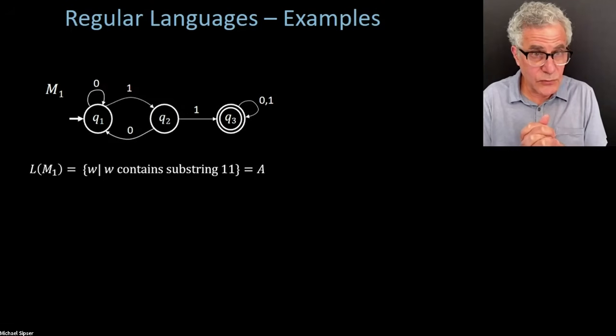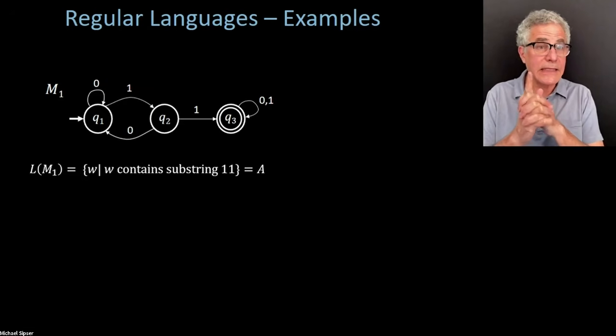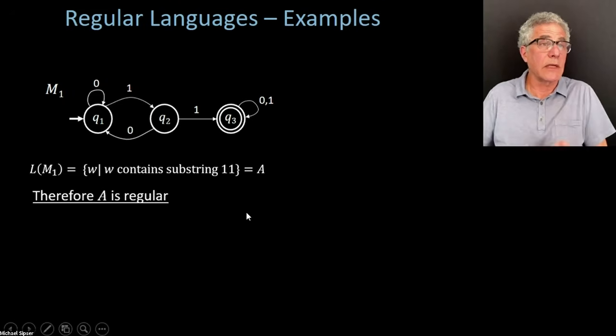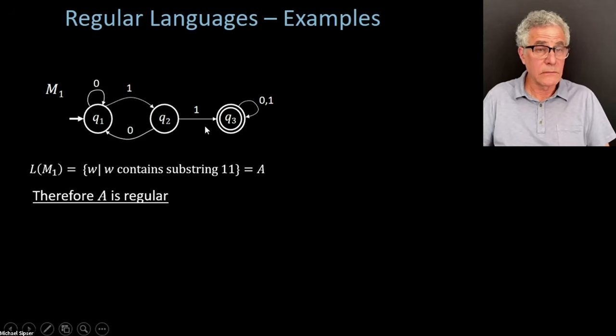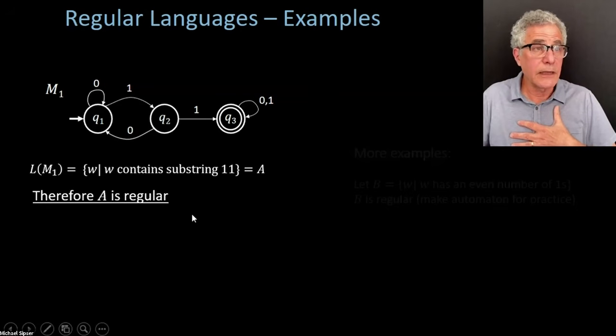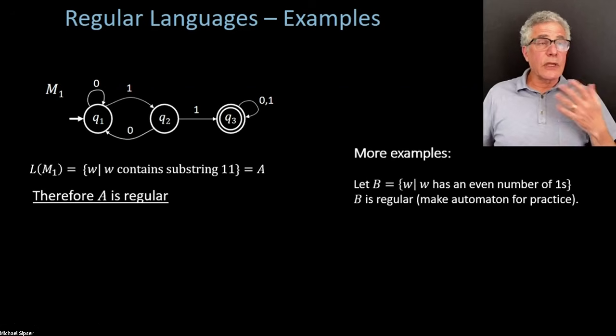Think with me. Don't just listen. A is a regular language because it's recognized by some automaton. So whenever you find a finite automaton for a language, we know that language is a regular language.